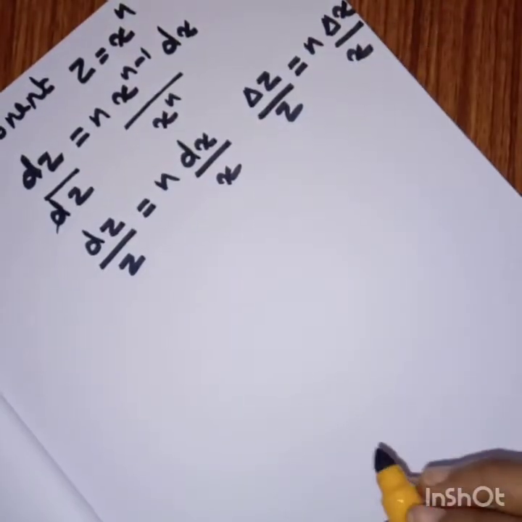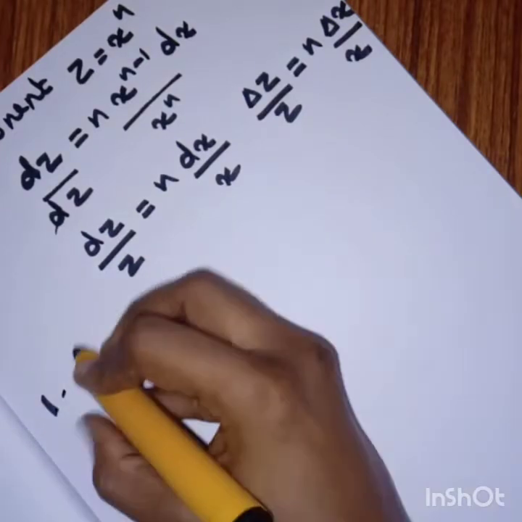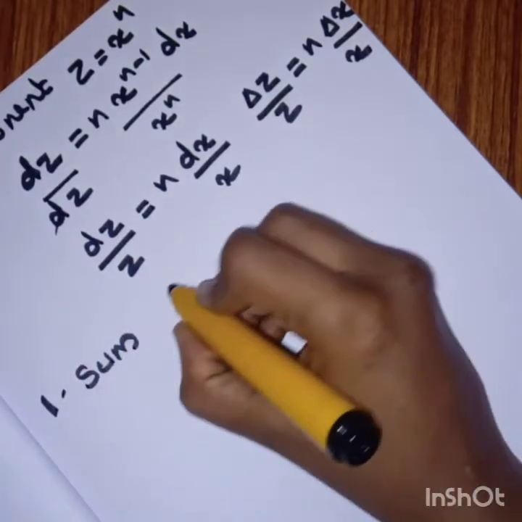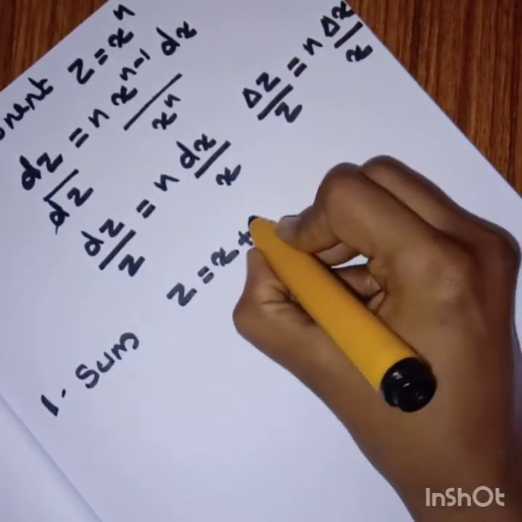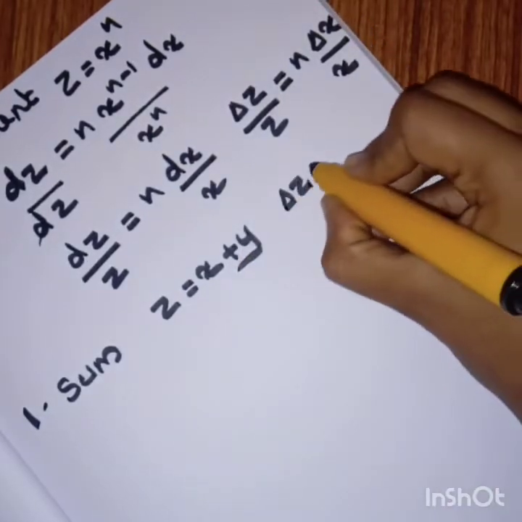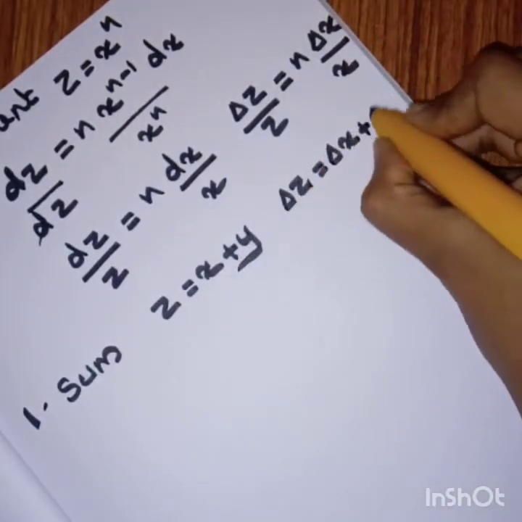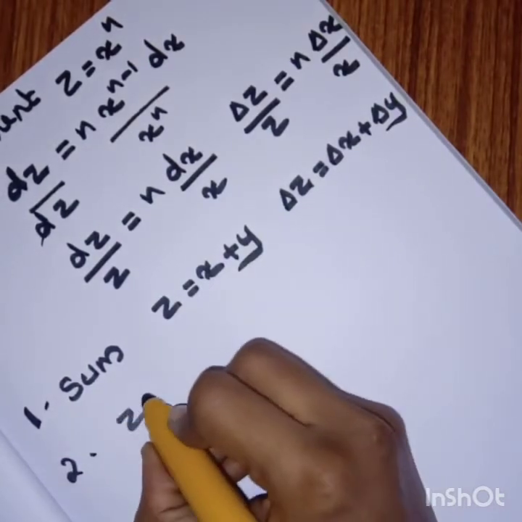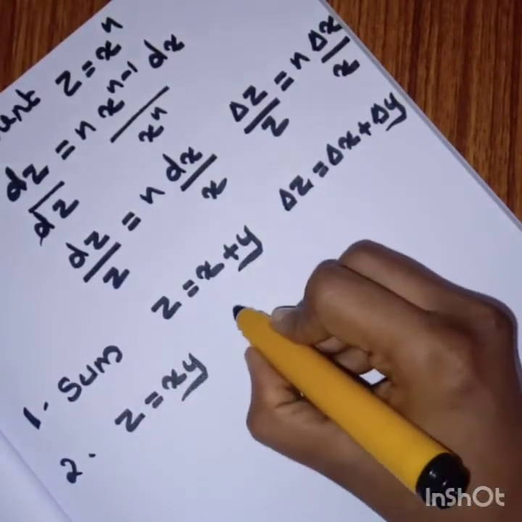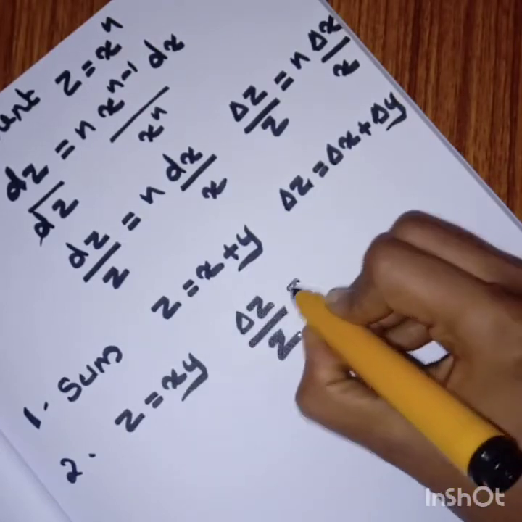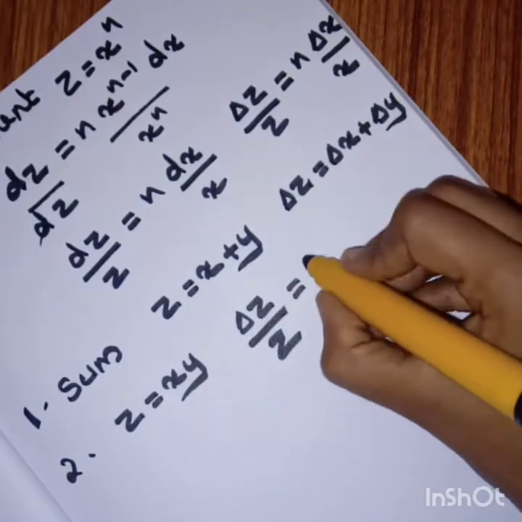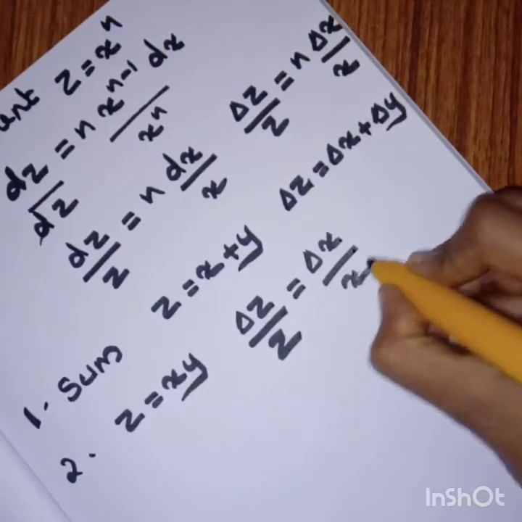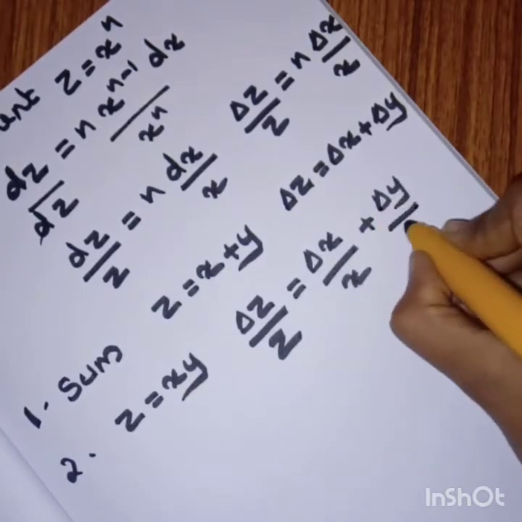I will write all the laws together. First one is the sum rule. That means z is equal to x plus y, delta z is equal to delta x plus delta y. Second one is the product rule. z is equal to xy, then delta z by z is equal to delta x by x plus delta y by y.